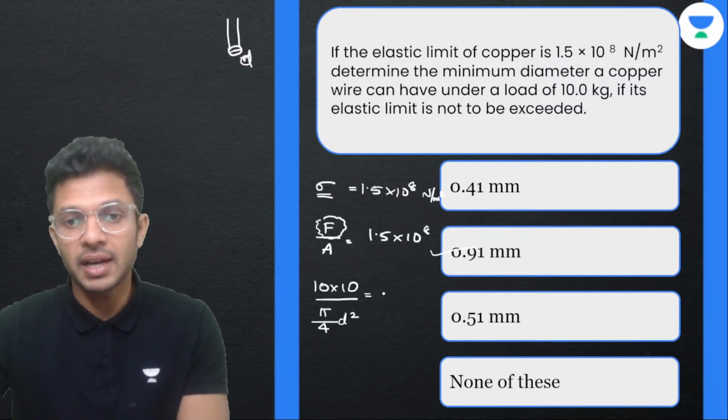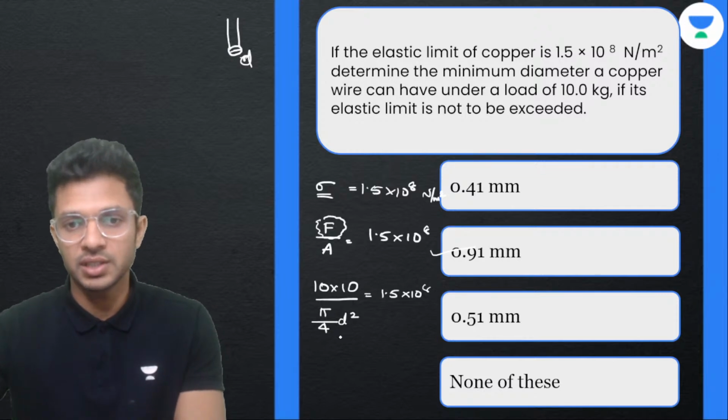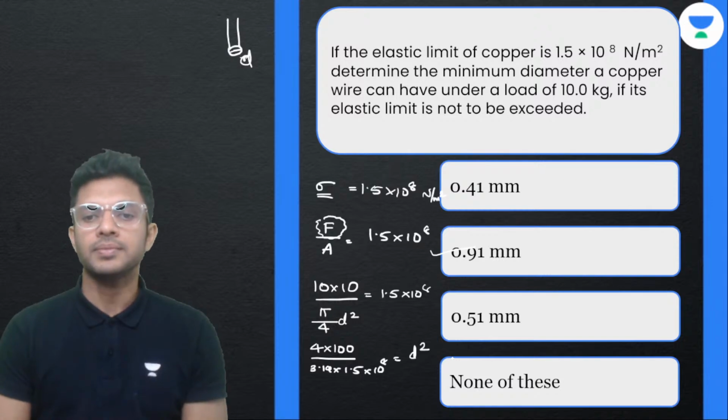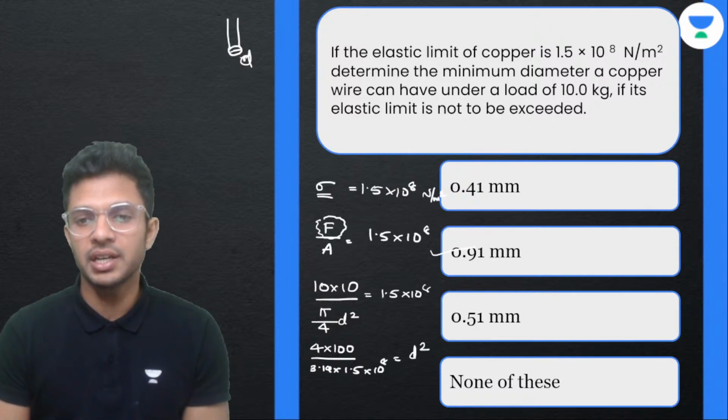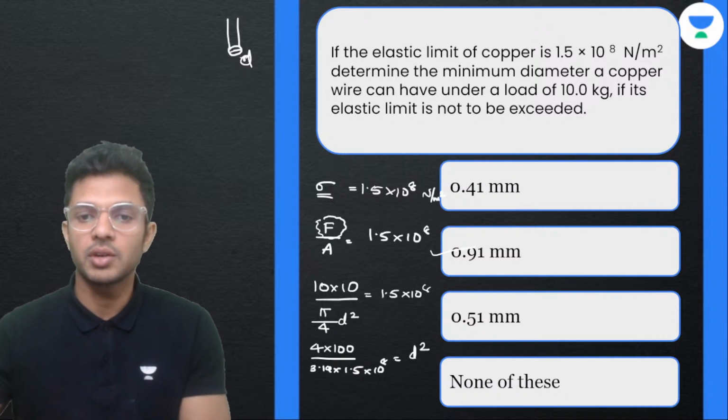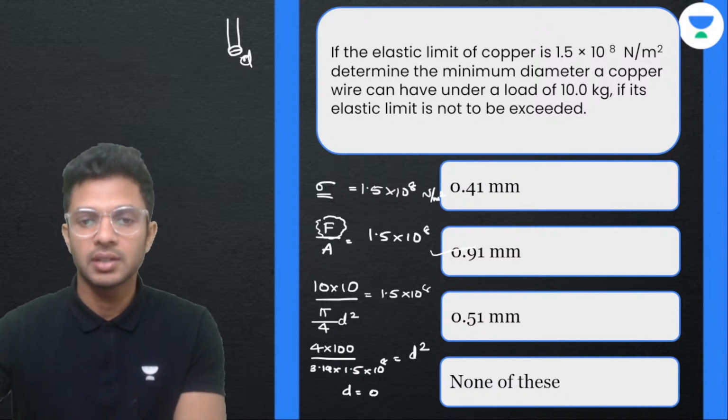And this value is given as 1.5 into 10 power 8. So d square will be, this 4 will go up, 4 into 100, let's say, divided by pi, which is 3.14, into 1.5 into 10 power 8, that is equal to d square. So d, if you take it, you will have the value as 0.91 into 10 power minus 3 meters, or we can write the d value as 0.91 millimeters.